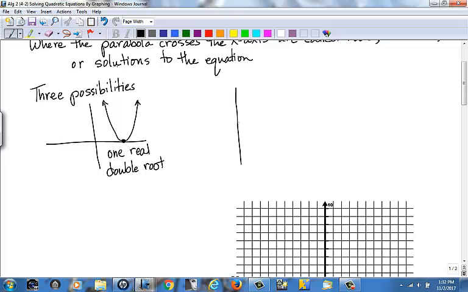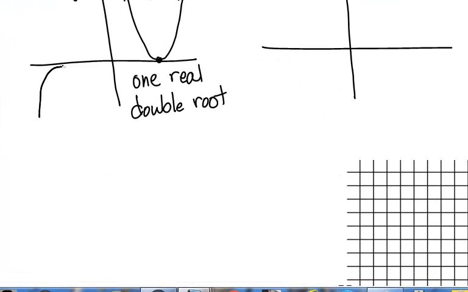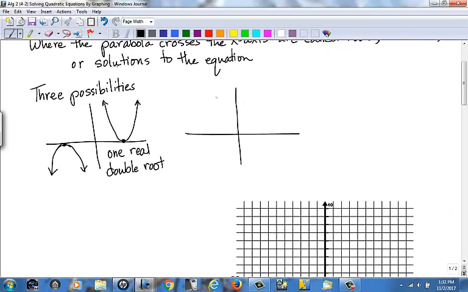Okay, so it could just touch, and it doesn't matter if it opens up or down. I could have one like this where it just touched at one point, but opening down. That's still a double root. Another one I could have where it crossed the x-axis. The roots or the solutions are where it crosses the x-axis. So this one would have two real roots.